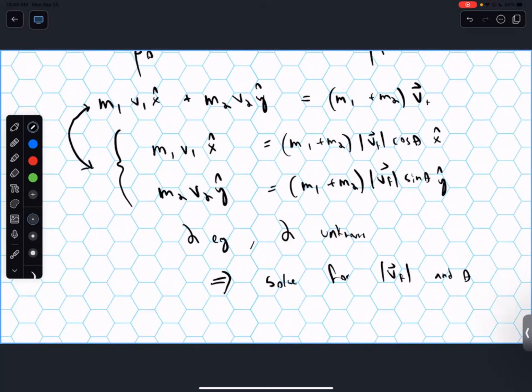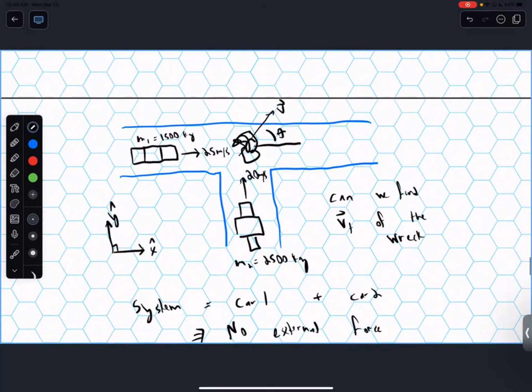I'll do theta first because I think it's a little bit easier to do in class. But once you have one, you can get the other super fast. So maybe I say, what is theta of the wreck? Theta is just, what direction do I drift out of the intersection at?